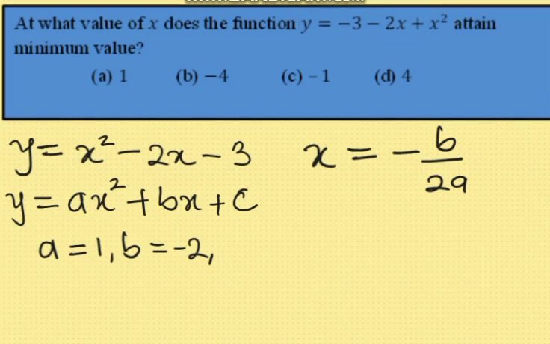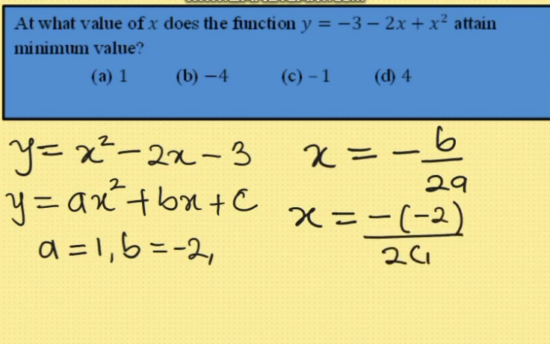So for us to obtain that, x will be, with our values of a and b plugged into this equation, our b is -2, while our a is still 1. When you open this bracket, we are going to have 2 over 2. Therefore, the value of x at which this function will attain its minimum value will be 1. That is the first phase of this question.